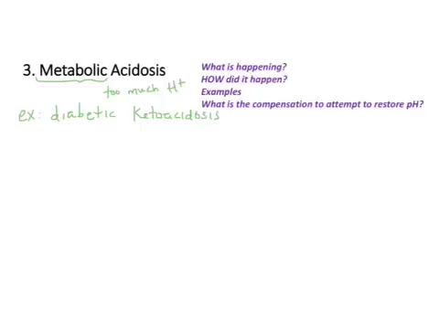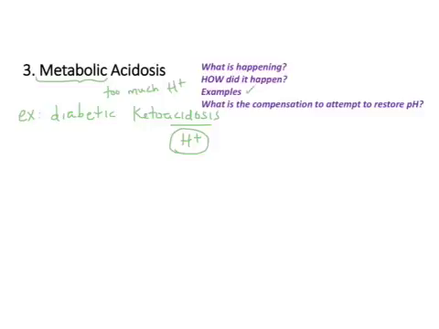This is a person that has too many hydrogen ions due to ketoacidosis. How did it happen? Well, it happened because we needed to utilize fatty acids, and the byproduct in the ketones is the increased production of protons.